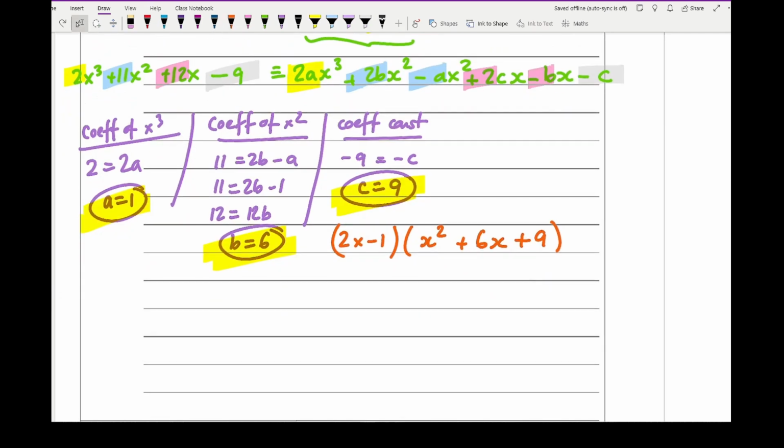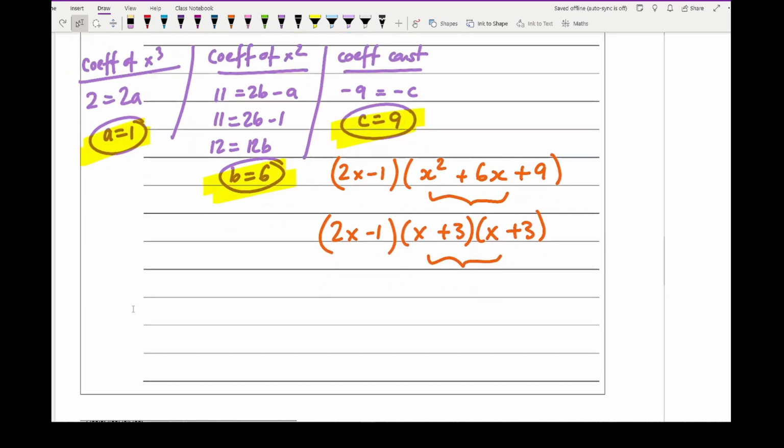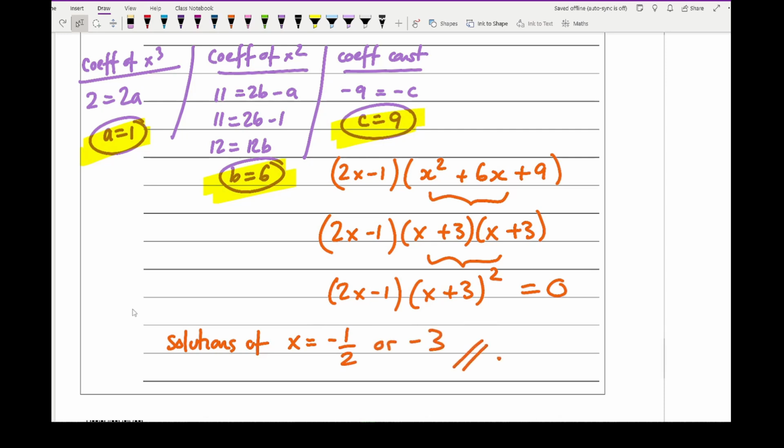Now I can factorize this, in which I end up with 2x minus 1 and x plus 3, x plus 3, in which then I can combine these two things, leaving me with 2x minus 1 and x plus 3 squared. And as you can see, we've got two solutions. The solutions of x, where this equals 0, are going to be minus a half or minus 3. Actually, plus a half, I should say.